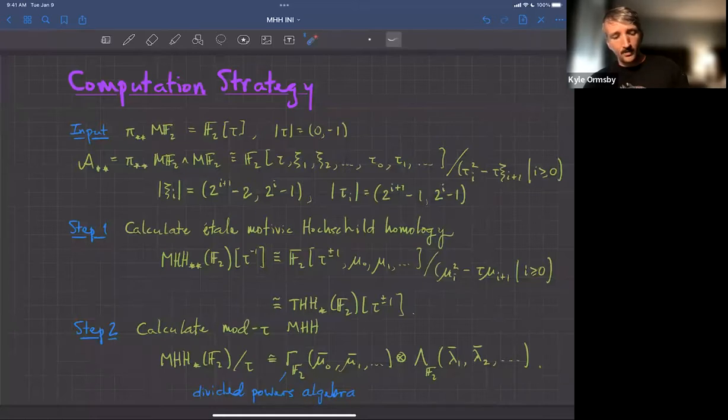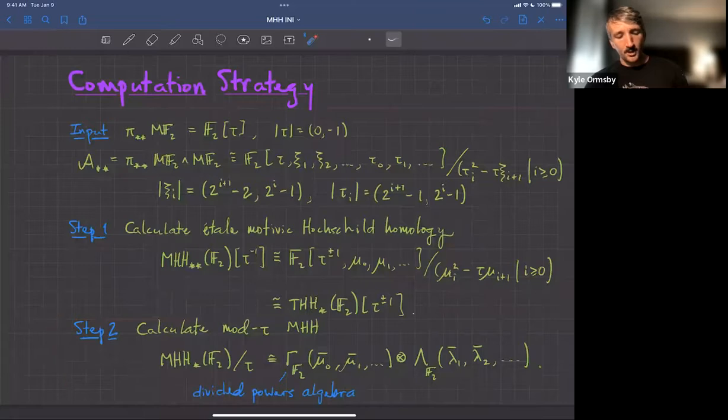We will compute that after inverting tau in these coefficients, we get the old picture, THH, adjoin positive and negative powers of tau. Okay, so that's kind of clean and nice, and maybe even what you would expect, thinking in terms of Betti realization.